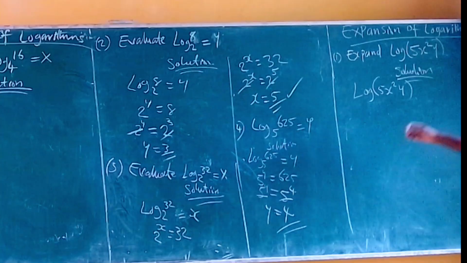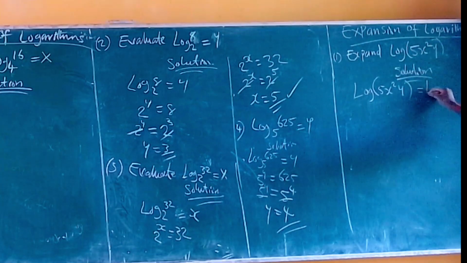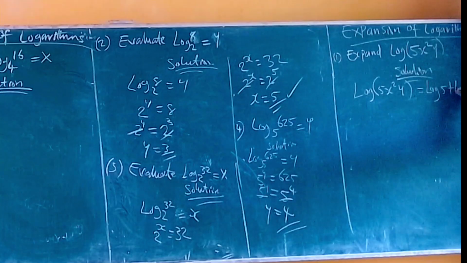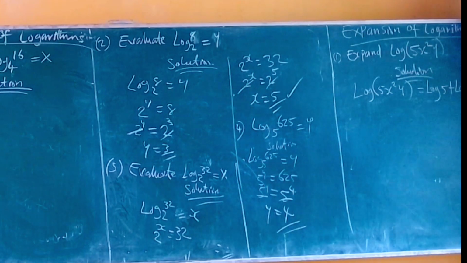Now also expand this, just simple. This is log 5, right, plus log x squared, plus log y. You just go according to the product law.